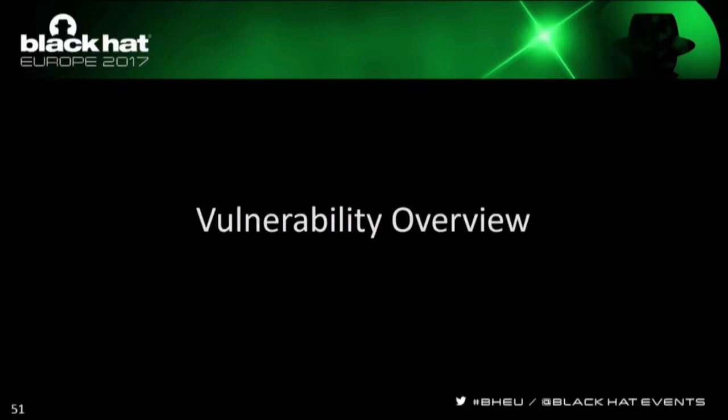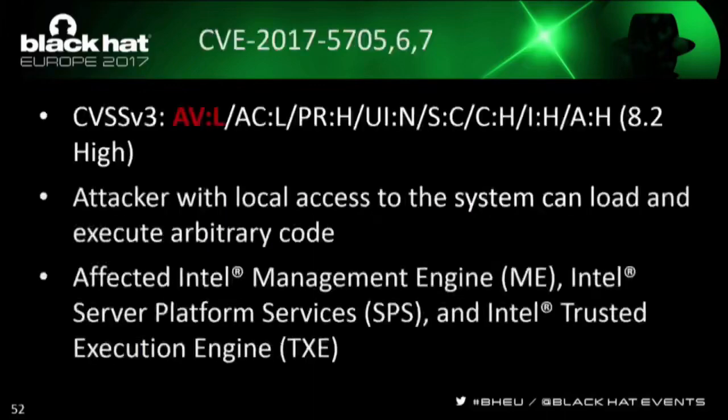And now a little bit of formal description of the vulnerability. As you can see from the official security bulletin, the vulnerability has a high rating. It's acknowledged that it has a local exploitation vector. It affects all recent platforms, desktop, mobile, and servers manufactured after 2015.